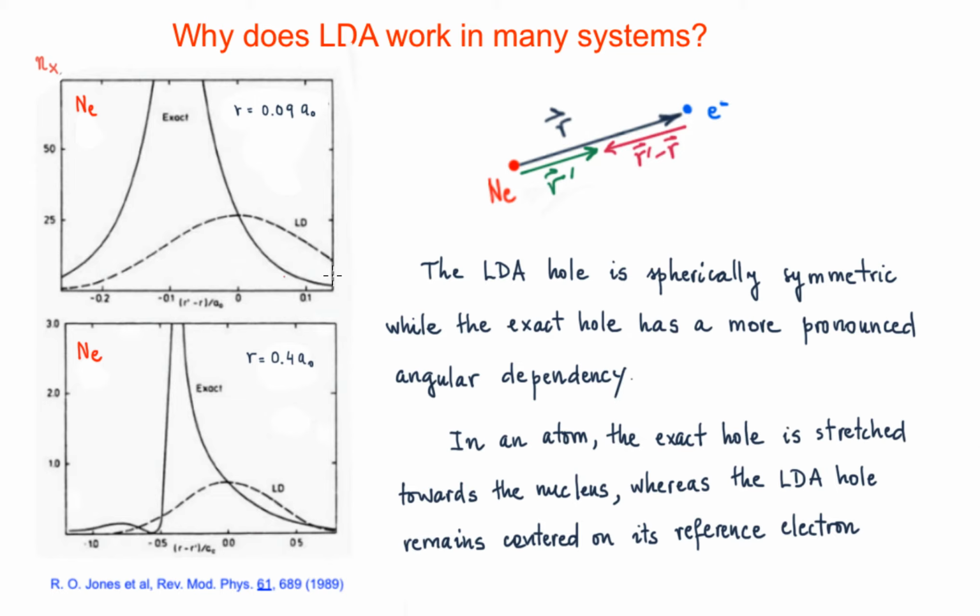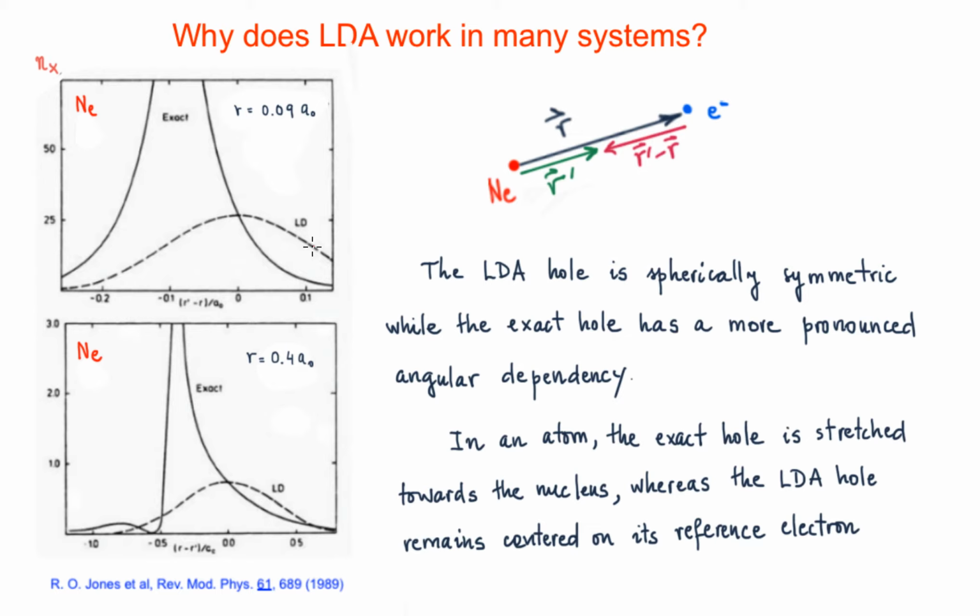Okay, and the positive values are those where r prime is larger than r, so you are getting farther from the nucleus. Okay, we are going to see the features that can be described here and the differences between the exact and the LDA.